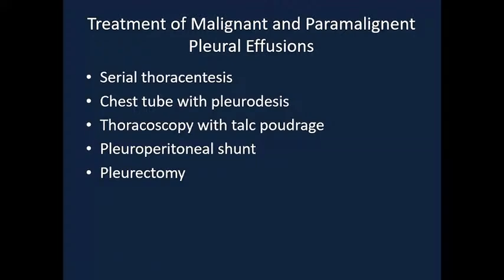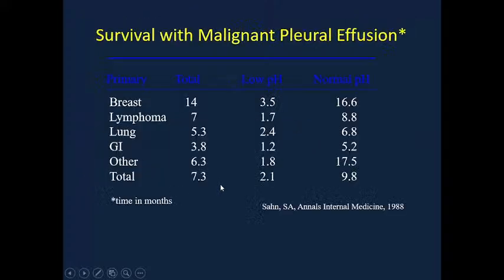How do we treat this disease? It can be done through serial thoracentesis, chest tube with pleurodesis, thoracoscopy with pleurodesis using what is called talc poudrage, pleuroperitoneal shunts, and also pleurectomy.